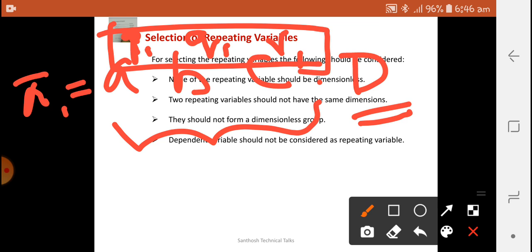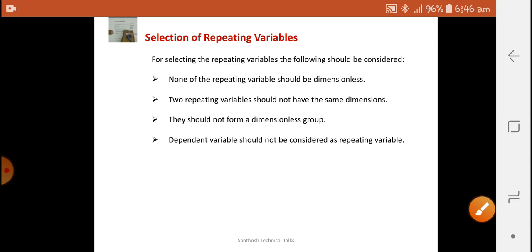This repeating variable you have to select as per the procedure mentioned here. For selecting the repeating variable, you should consider the following things. That is, none of the repeating variables should be dimensionless. If among our independent and dependent variables there is a strain, it is unitless.